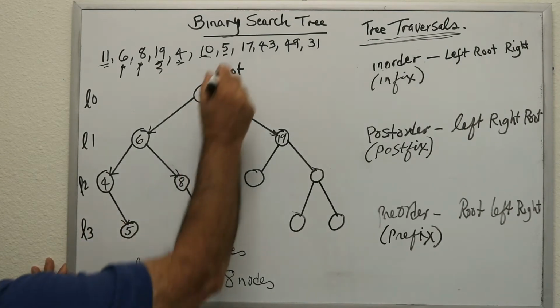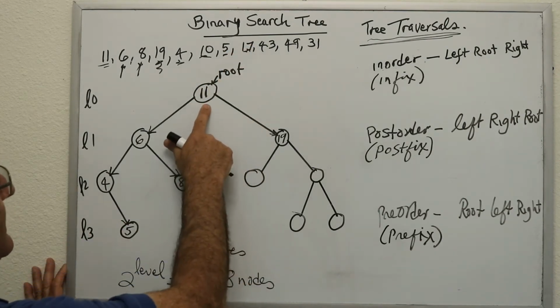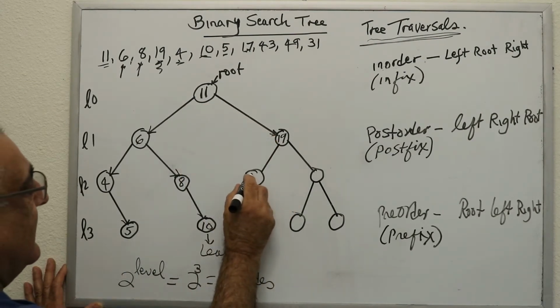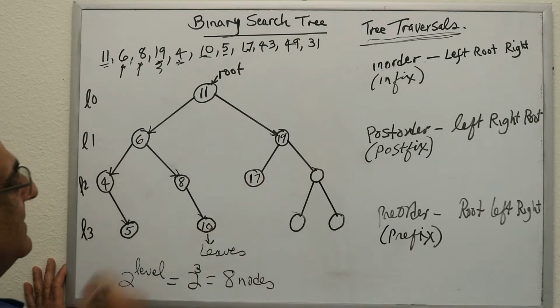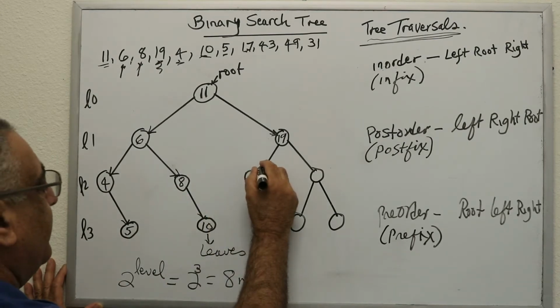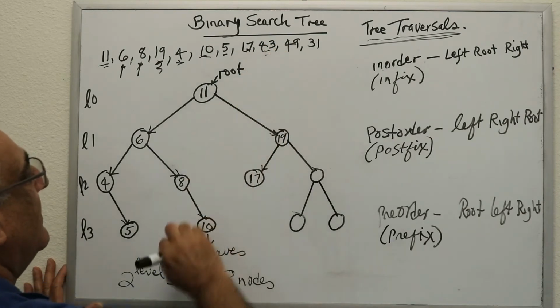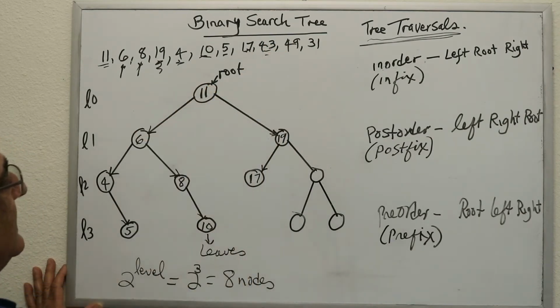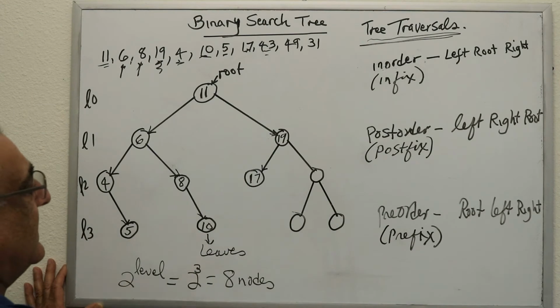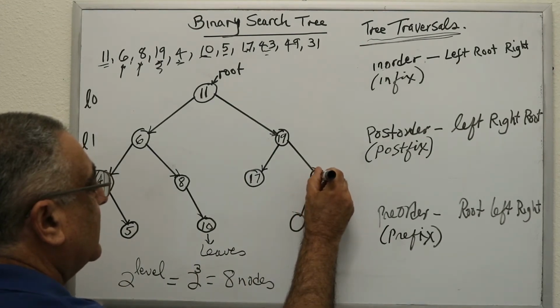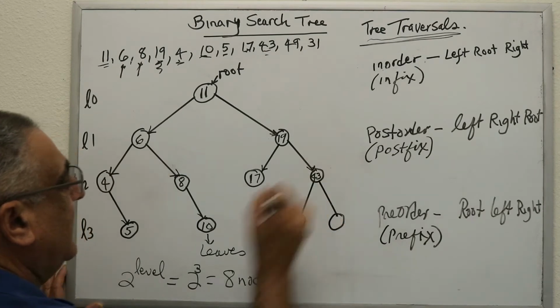Okay, so now we pick 17. Well, 17 is definitely greater than 11. 17 is less than 19. So 17 goes to the left of 19 because it's smaller. Then you pick 43. Well, 43 is greater than 11. 43 is greater than 19. So definitely 43 goes to the right of 19.